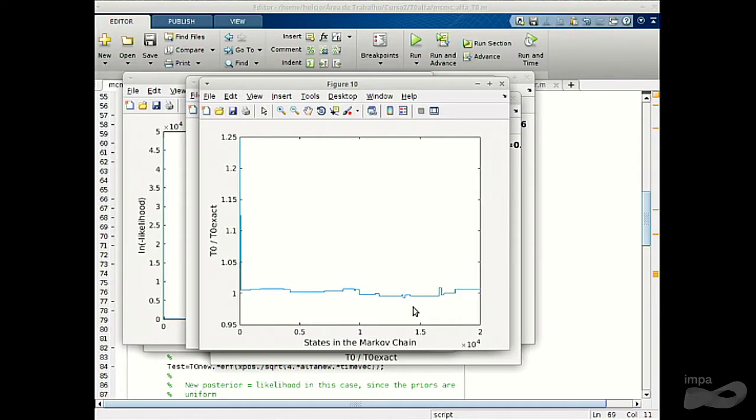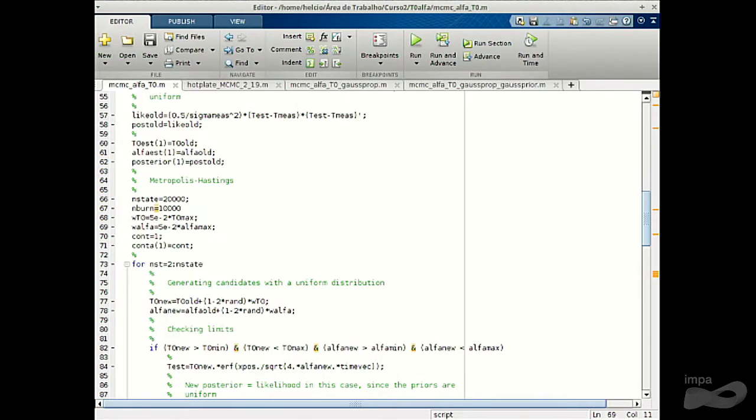And this takes long. This can be long. So this is a drawback of this method, okay?